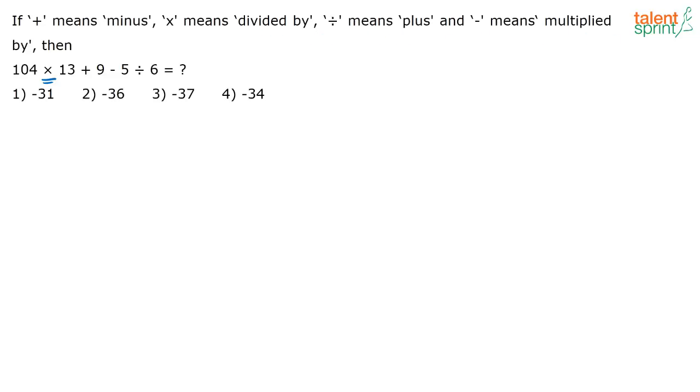Then what is this equal to? So 104, multiply means divided by, 104 divided by 13, plus means minus 9. Here similarly minus means multiplied by 5, divided by means plus 6, that is equal to question mark. So again you have to use the concept of BODMAS here.